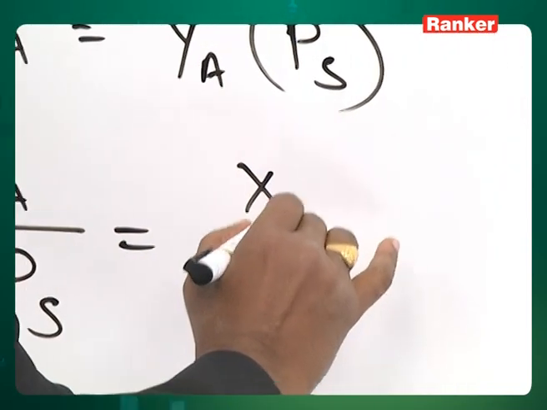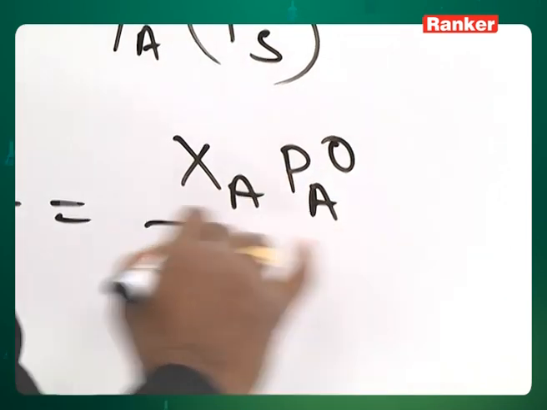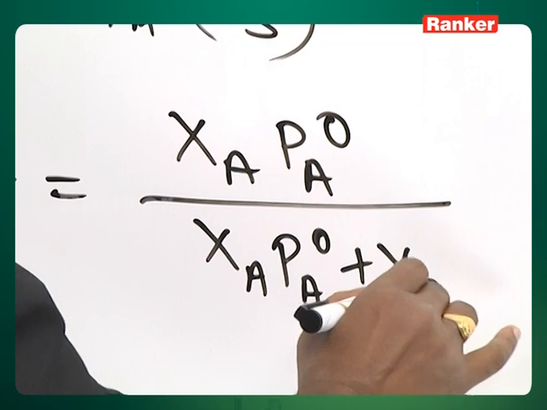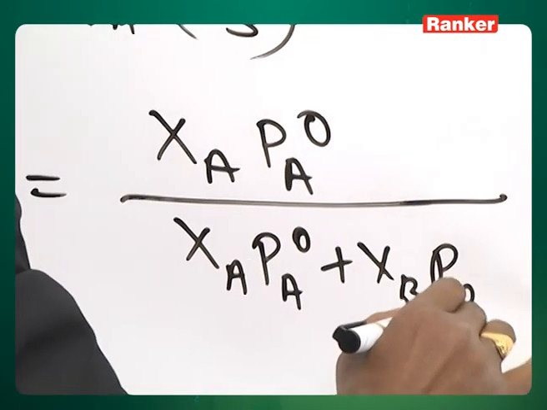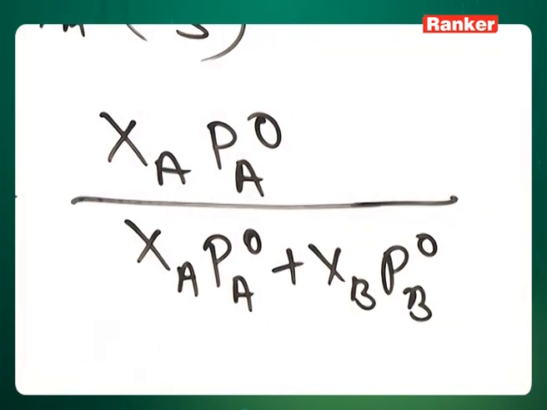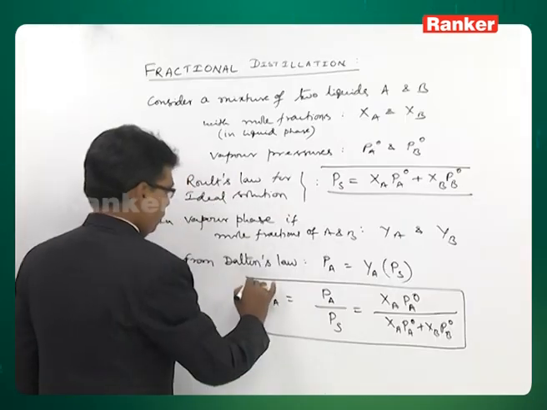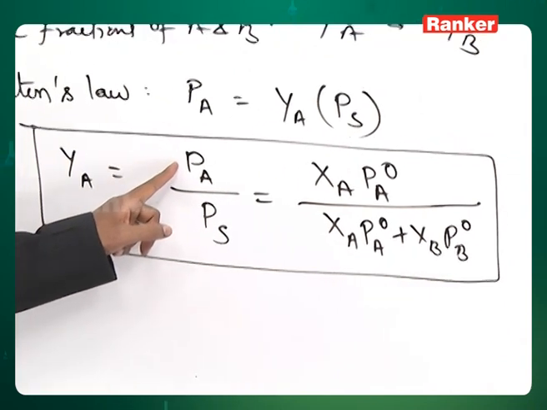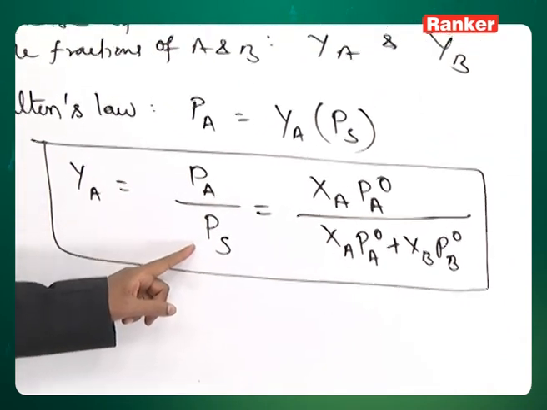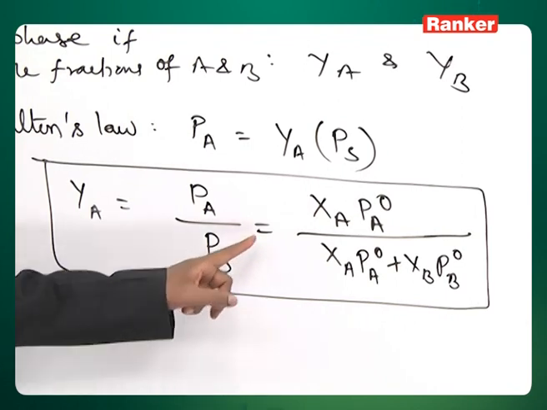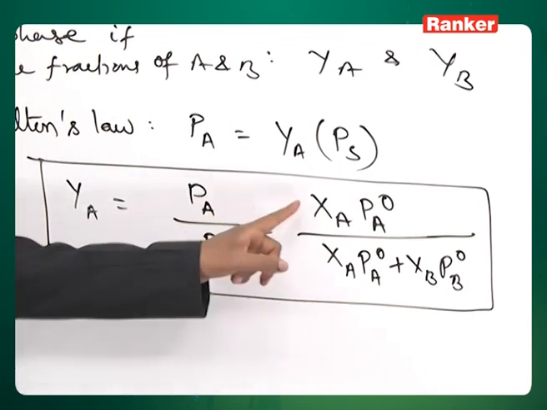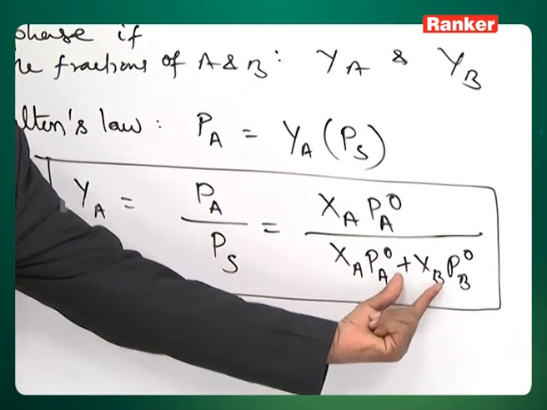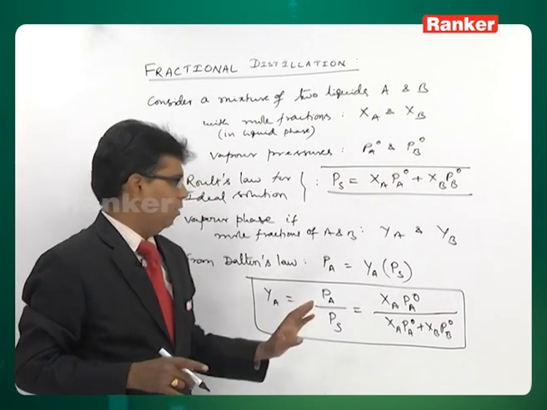This is X A P A naught by X A P A naught plus X B P B naught. Y A is equal to partial pressure of A in the vapor phase divided by total vapor pressure of the solution, which is equal to partial vapor pressure of A, that is X A P A naught, divided by total vapor pressure of the mixture, that is X A P A naught plus X B P B naught, right.